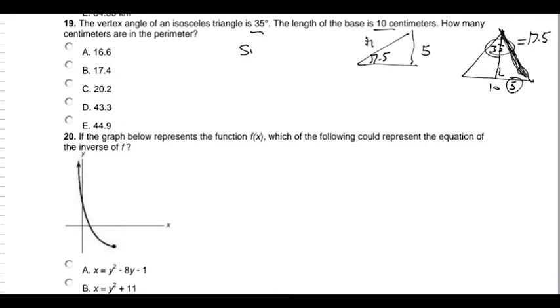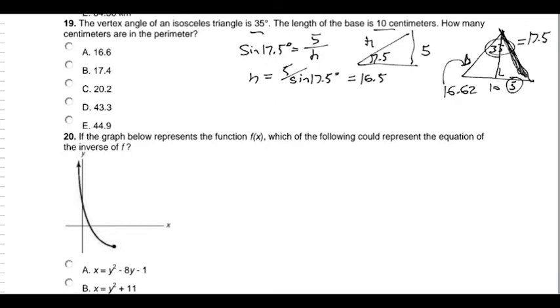So sine of 17.5 degrees is equal to opposite 5 over the hypotenuse. Let's cross multiply here. So h is equal to 5 over the sine of 17.5 degrees. Let's compute that with your calculator and we will get 16.62, and that's the side.